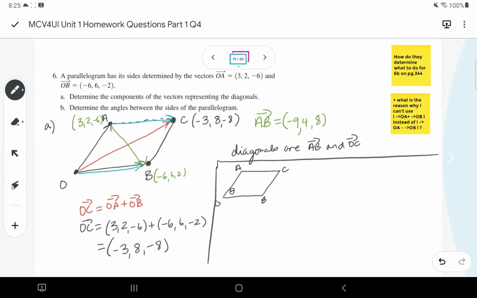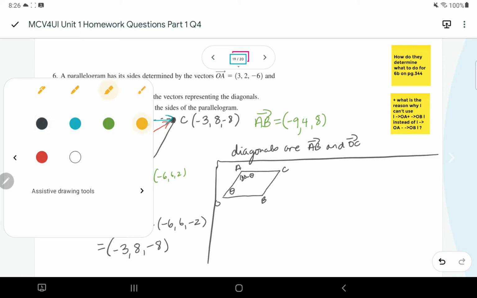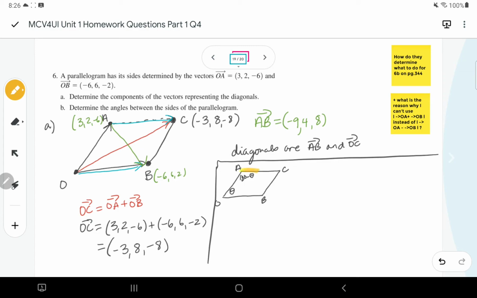Now, we know that the other angle would be 180 minus theta, because that second angle will form a C pattern, like what we did when we were adding vectors. I really only need to find one of the angles, and then I know that the other angle would add up to 180. So whichever one I find, I can subtract from 180.